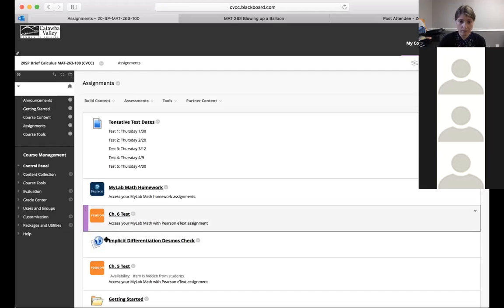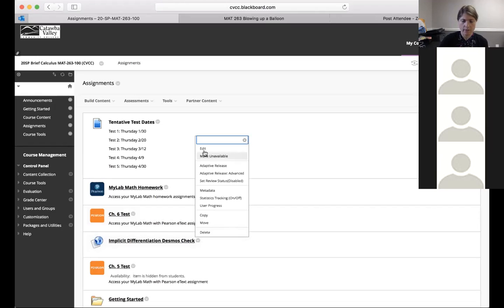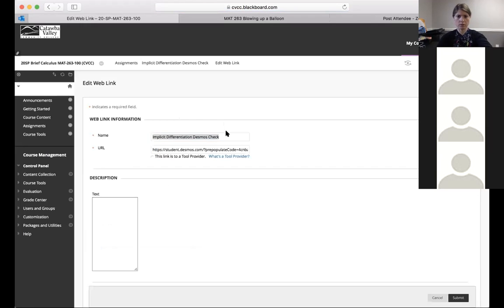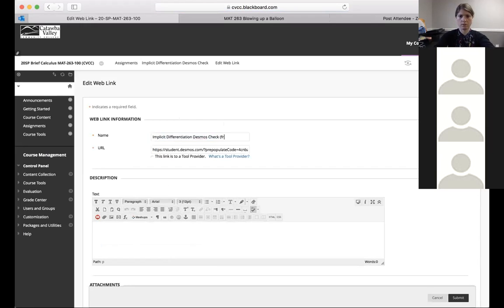And to help you guys out, this second link, the implicit differentiation for Desmos check, maybe I'll add right in here. This is for the chapter 6 test. Sorry guys, this blocks some of my buttons.